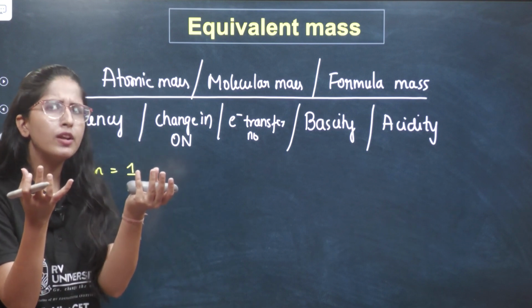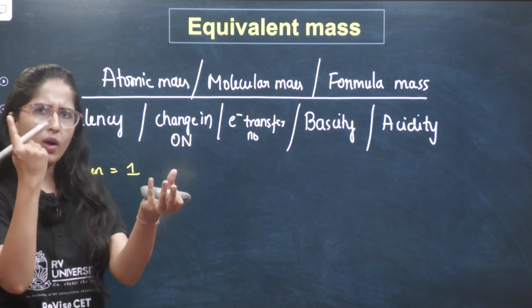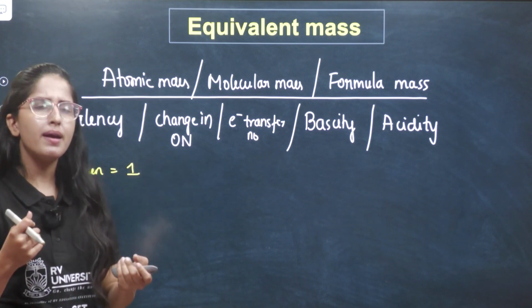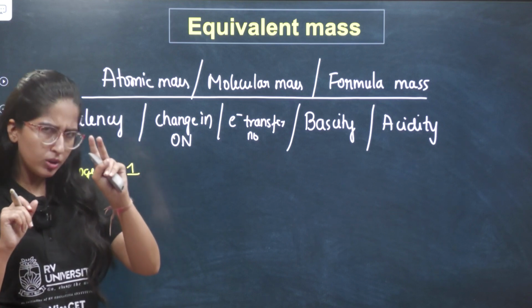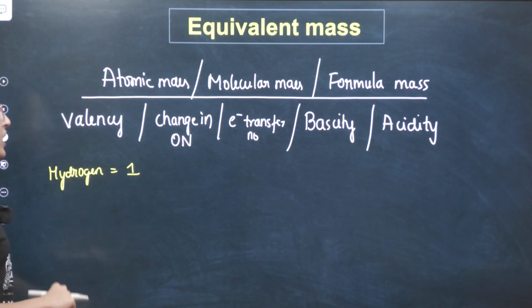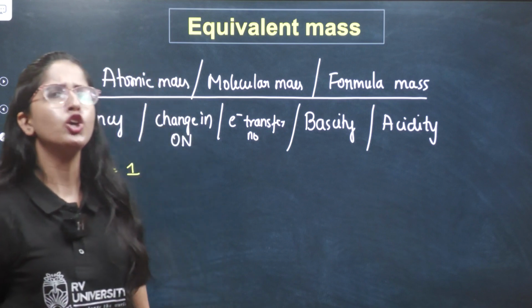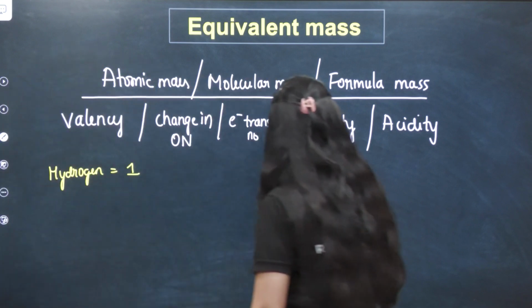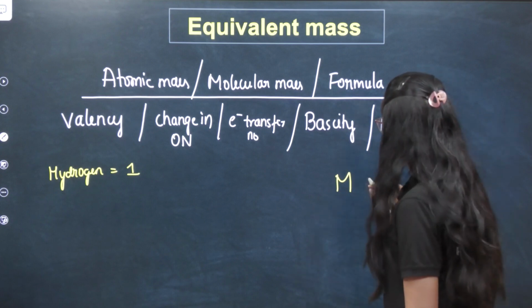And for the hydrogen molecule it will also be 1, because it contains 2 atoms. Now valency will be equal to 2, right? Both atoms need 1 electron each. What is the mass of the hydrogen molecule? There are 2 hydrogen atoms, so 2 grams, correct? Now, for change in oxidation number and electron transfer, how will you do it? You have a metal atom M. Now what is it doing?